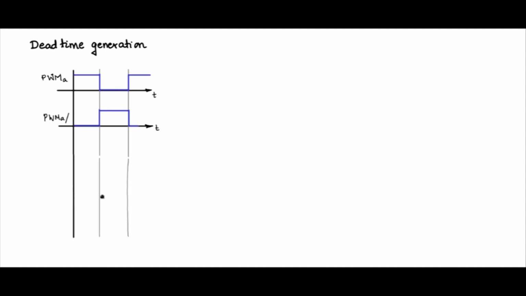And what is it that we expect? Let me make some space here. So what is the new PWM A and PWM A bar that it should look like? Let me create a dead band zone, and during this zone, both PWM A and PWM A bar should be low, which means both the associated switches Q1 and Q2 should be off.